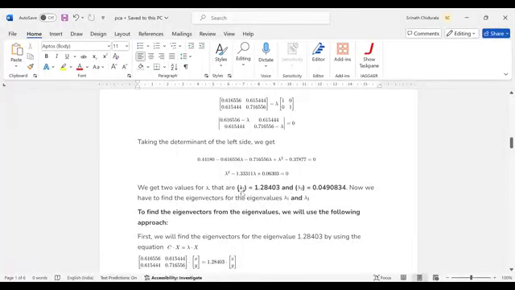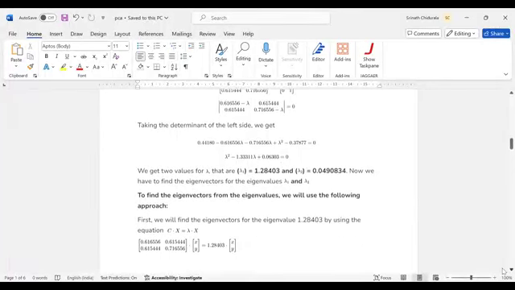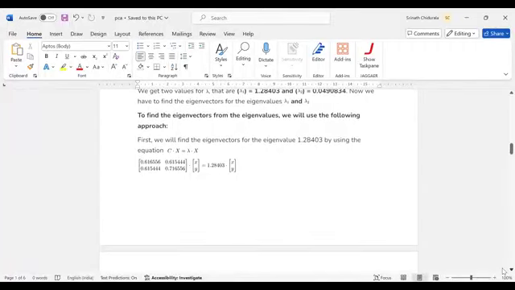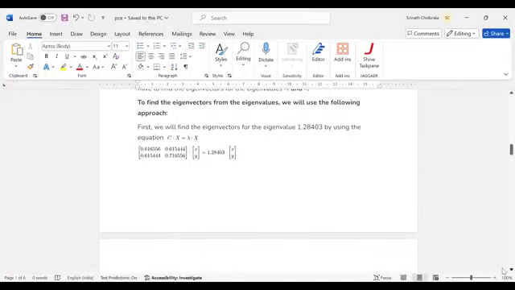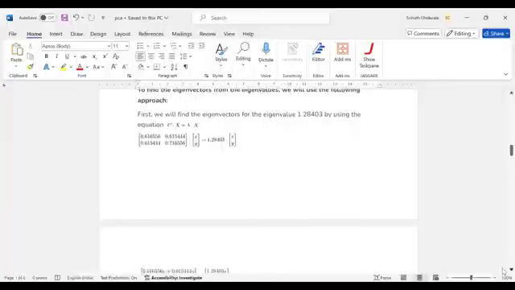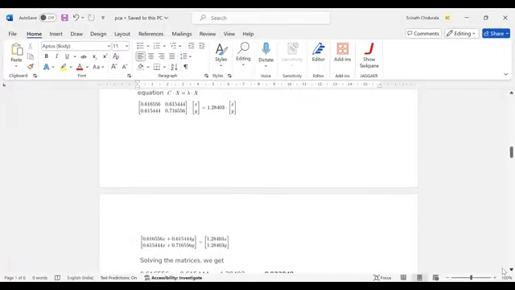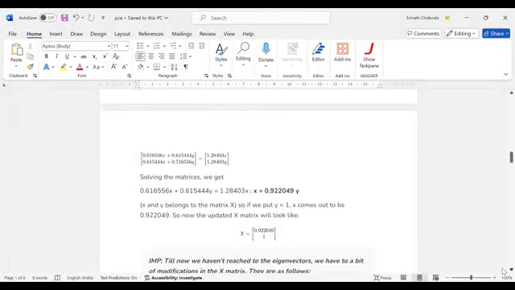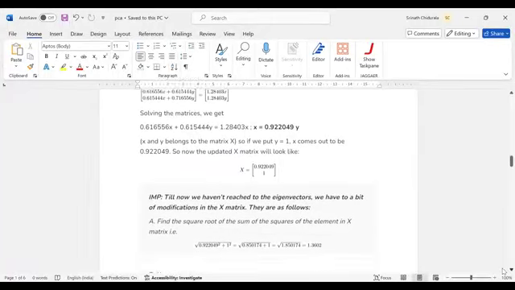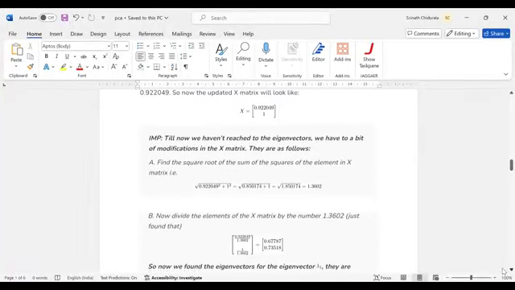So you will get this quadratic equation, and if you solve it, you will get two lambda values. These two lambda values have been substituted in that particular equation, and then eigenvectors got generated.